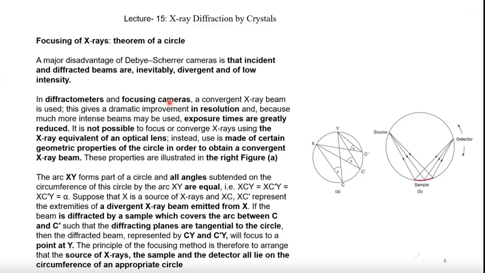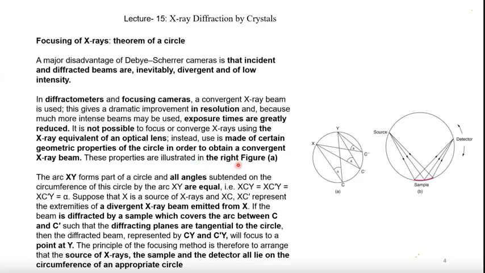This gives a dramatic improvement in resolution, and because a much more intense beam may be used, exposure times are greatly reduced. It is not possible to focus or converge X-rays using the X-ray equivalent of an optical lens. Instead, we make use of certain geometric properties of a circle in order to obtain a convergent X-ray beam.